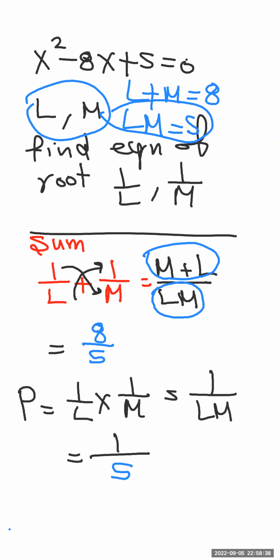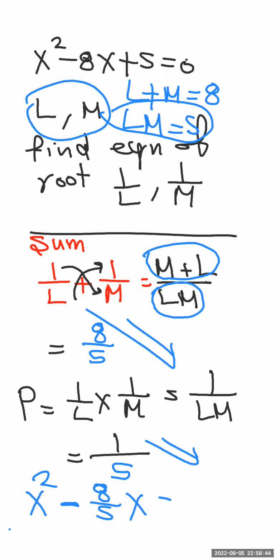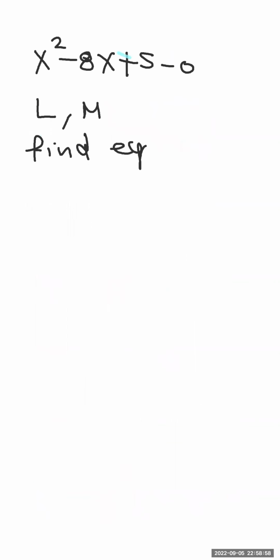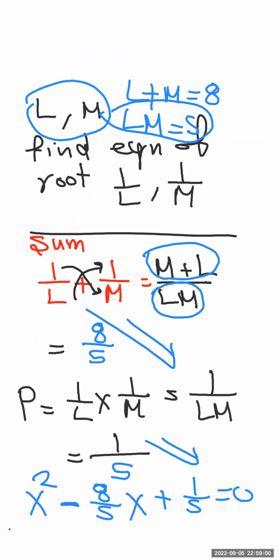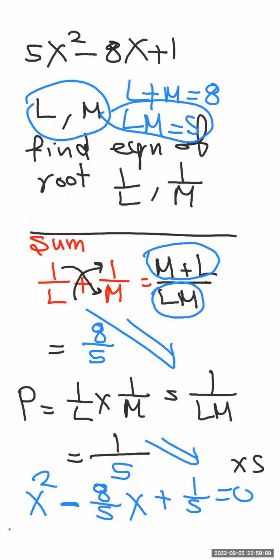So the equation will be x squared minus sum 8 over 5 x plus product 1 over 5 equals 0. Okay, try to eliminate this 5 from the equation by multiplying the terms of the equation by this number in the denominator, which is 5. So now I will multiply this equation by 5, so it will become 5x squared minus 8x plus 1 equals 0.